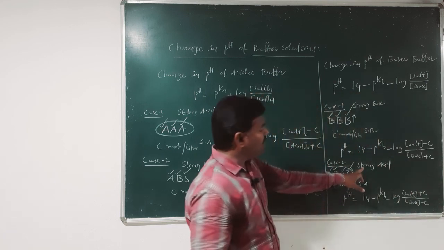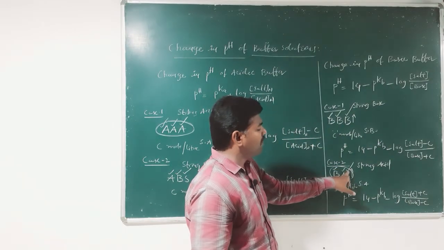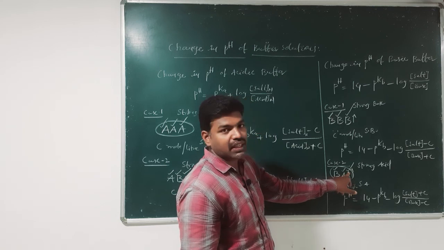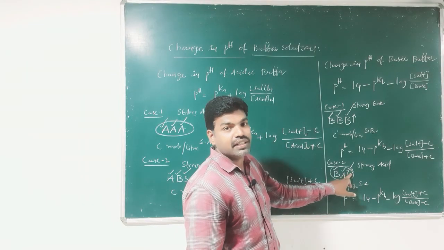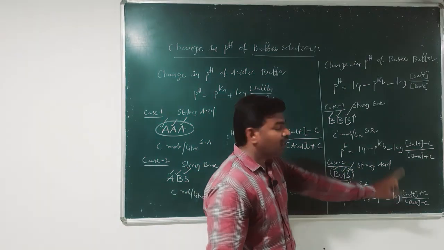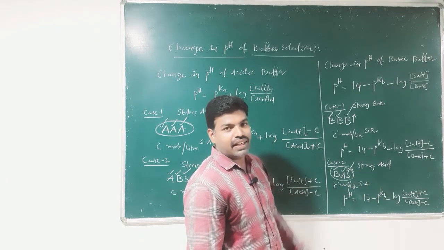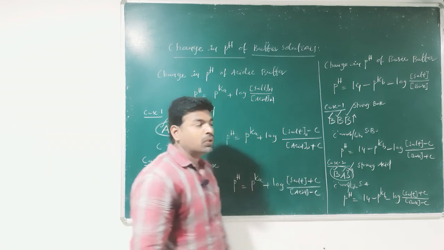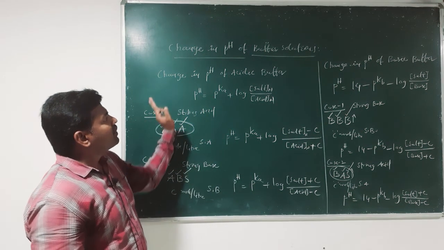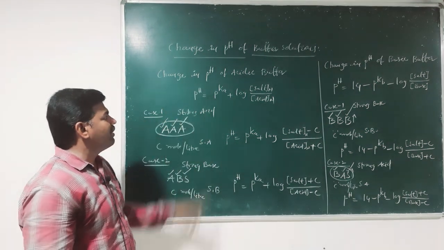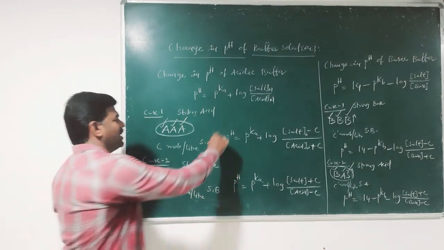Because on addition of strong acid to basic buffer, salt concentration increases by that amount and base concentration decreases by that amount. Okay. So, these are the equations for change in pH of acidic buffer when we add strong acid. This is the equation.